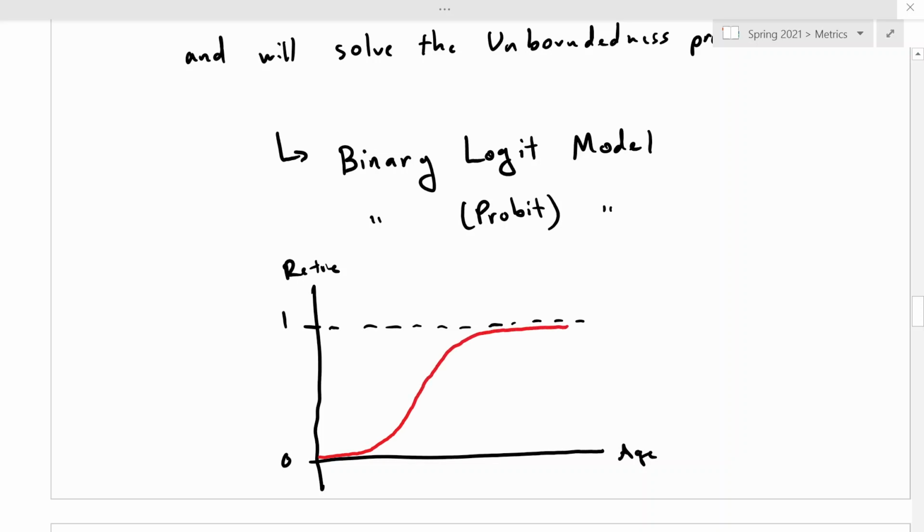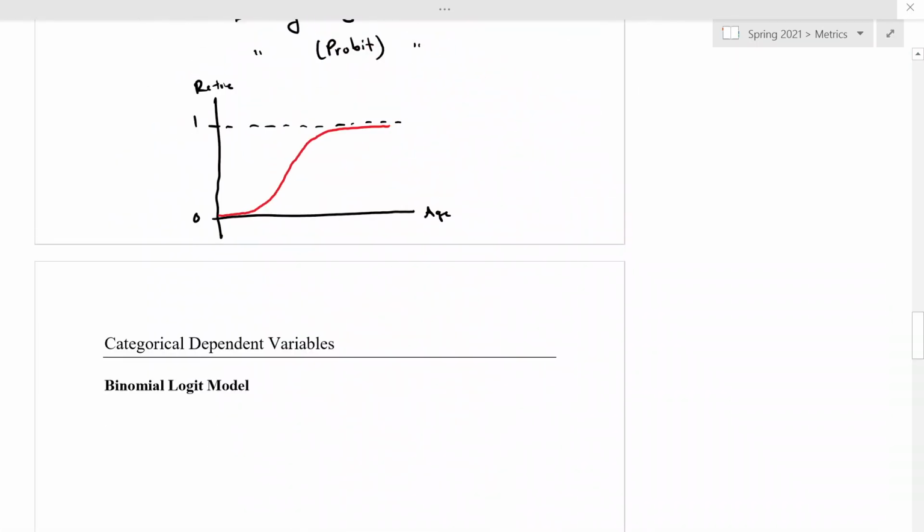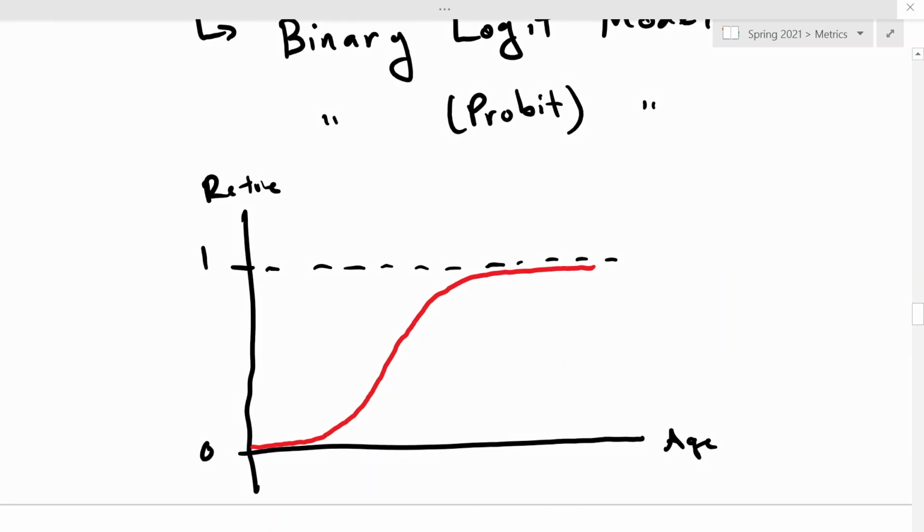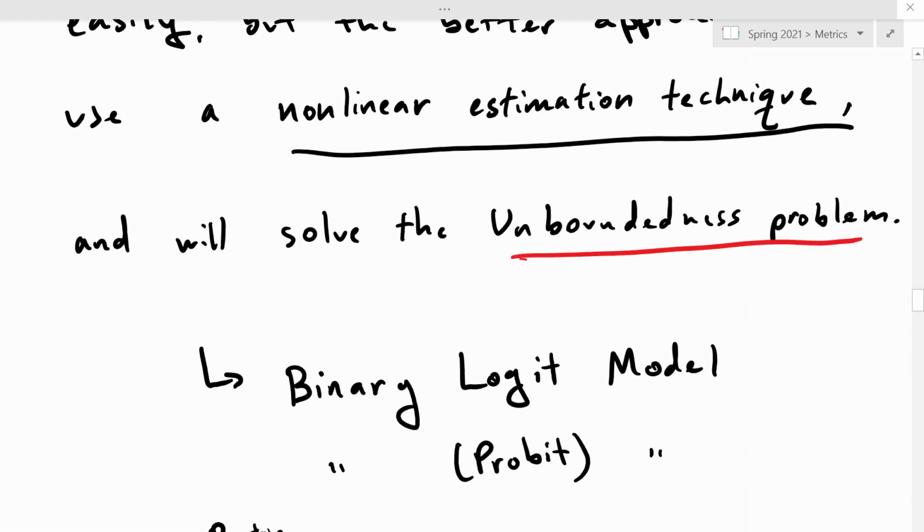So a Logit distribution is going to be bounded asymptotically by 0 on the bottom and 1 on the top. And that's going to be able to solve our problems so that maybe the probability of that 25-year-old is going to be 0.01%, right? And the probability of a 90-year-old not being retired is 99.9%. And so that's going to help solve the unboundedness problem.